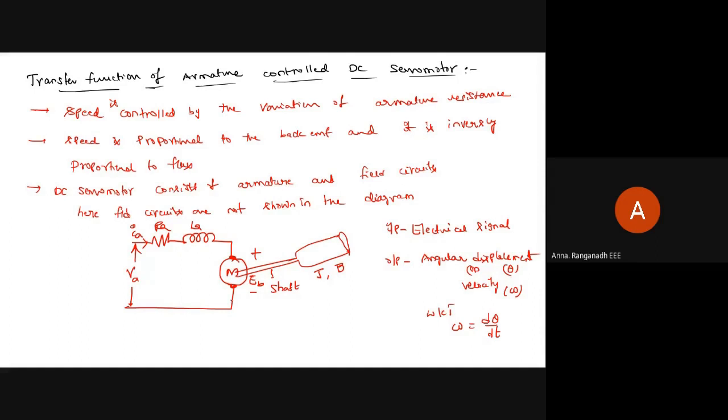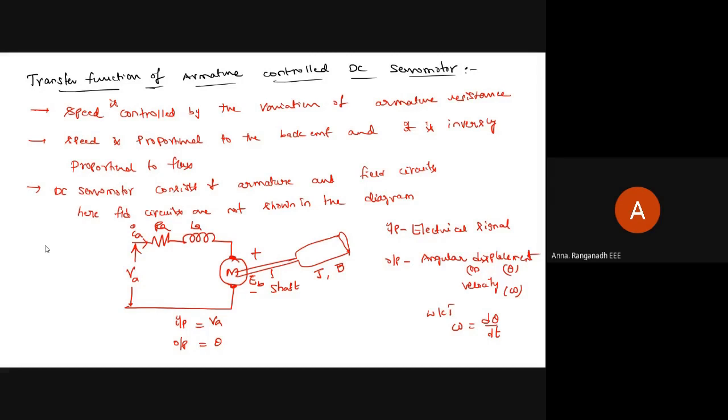So the input is VA and the output is theta, the angular displacement. If you want, you can also write the field circuit, but I am not showing it because it is not required for analysis. This is the brief introduction to calculating the transfer function of the armature controlled DC servo motor.